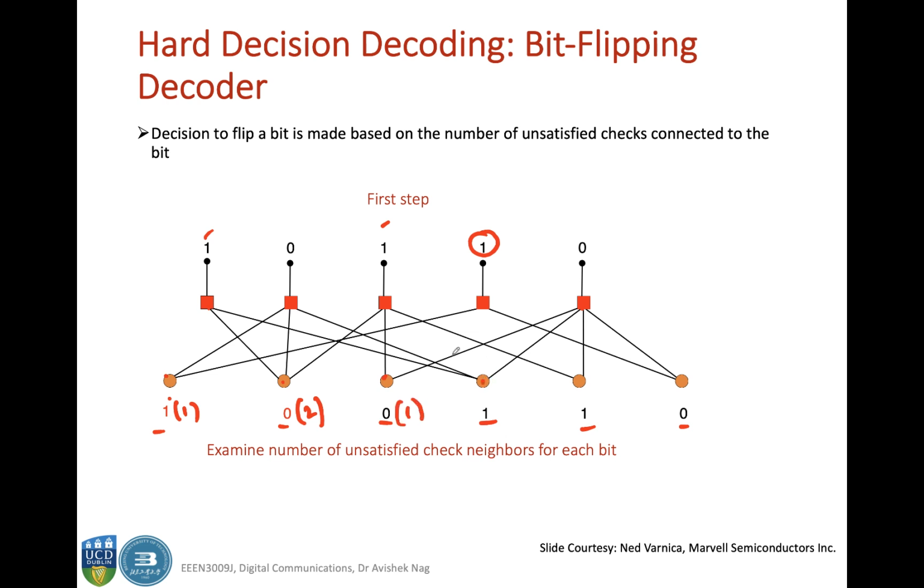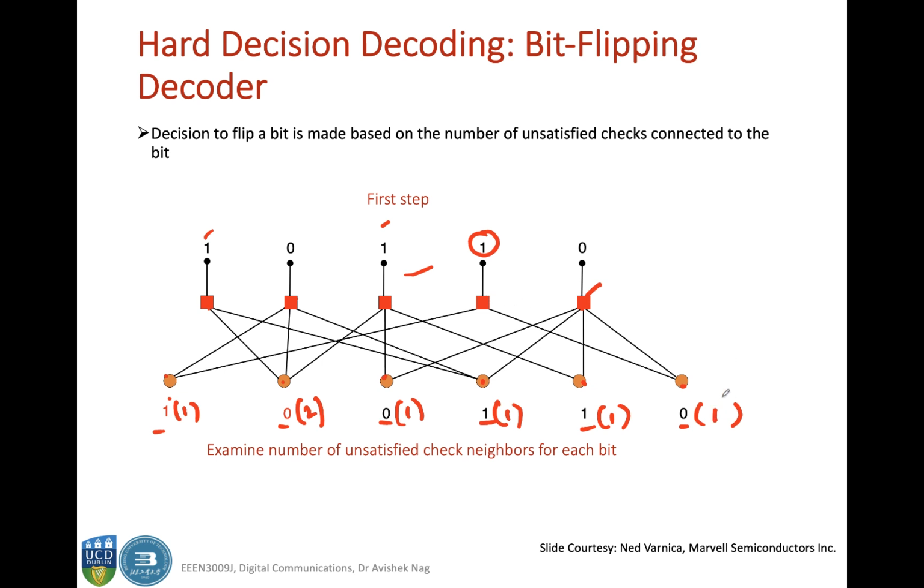For this one, you have 3 check neighbors and 1 is unsatisfied. For this one, you have 2 check neighbors and 1 is unsatisfied. And for this last one, it has 1 unsatisfied check neighbor.